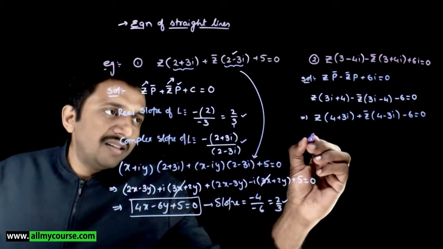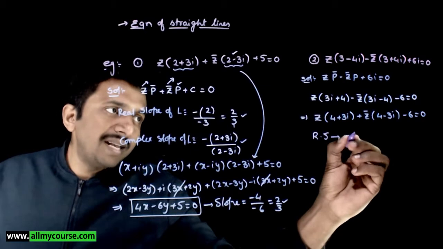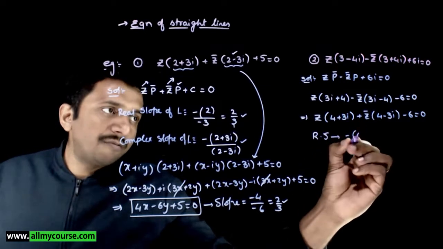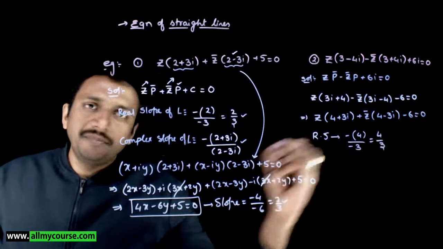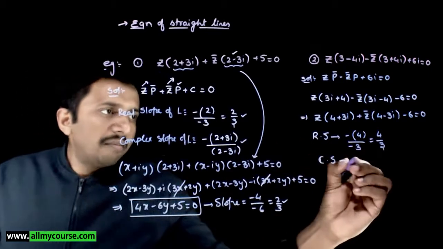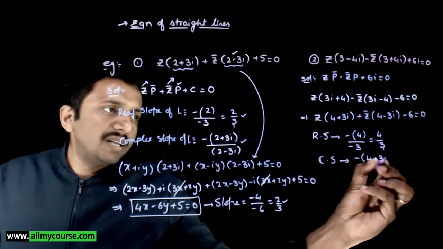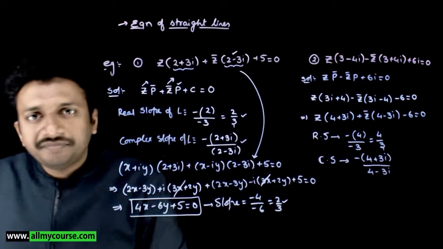So what is the real slope of the line? The real slope of the line is minus of the real part of p by the imaginary part of p, which is equal to 4 by 3. What is the complex slope of this line? Minus of (4 + 3i) by (4 − 3i).